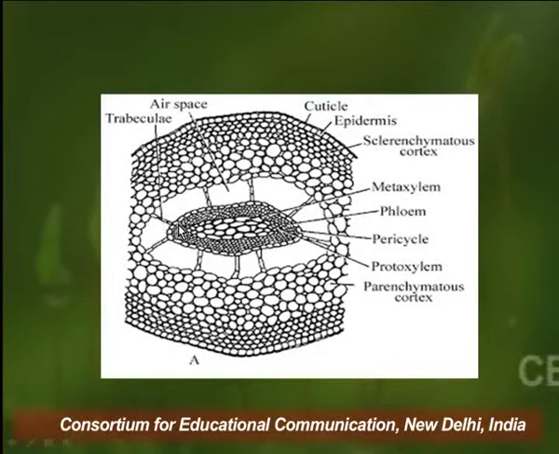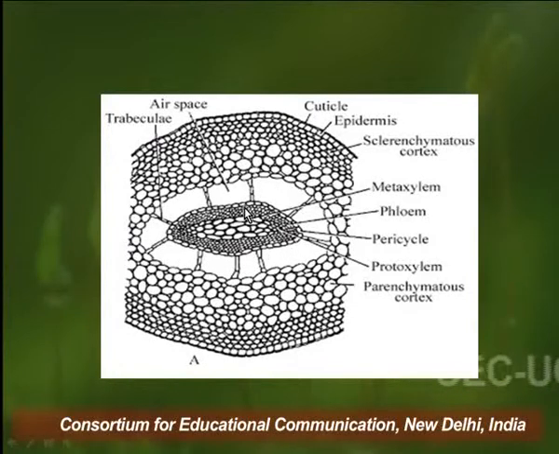Because of the elongation of trabeculae, the endodermal layer gets separated from the pericycle and an air space is created. These air spaces are a unique feature of stem anatomy in the family Selaginellaceae and the genus Selaginella.